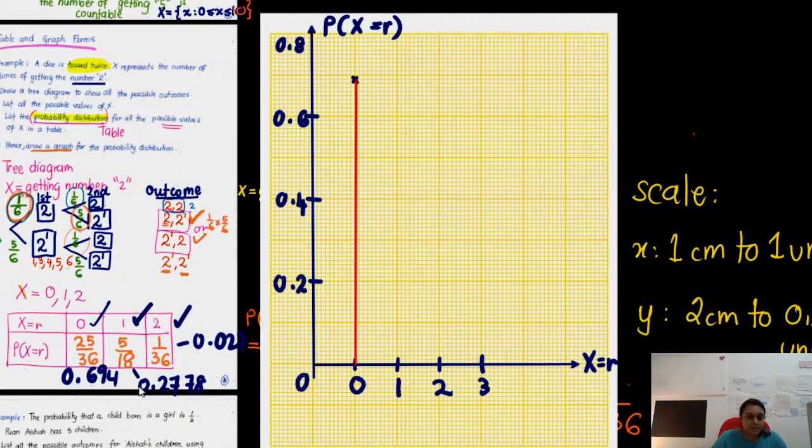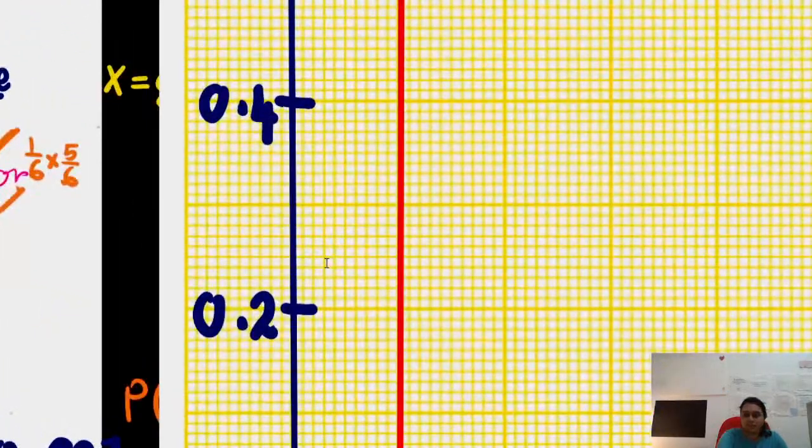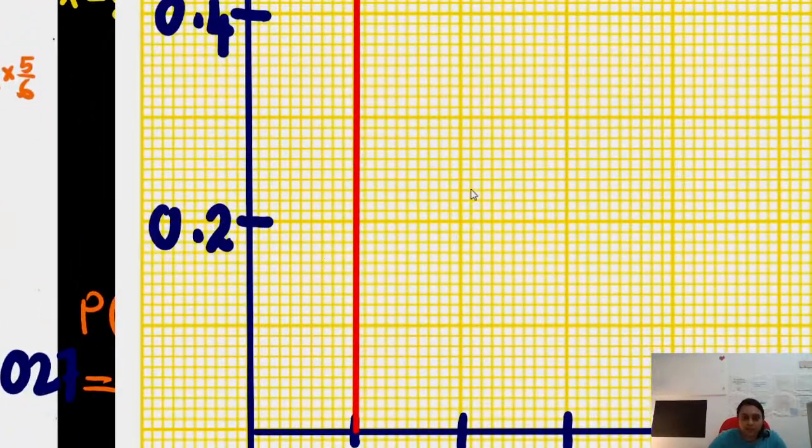Now I'm going to do for 1. 1 is 0.2778. Let me find where is 0.2778. 0.2, 0.3 here. Then 1, 2, 3, 4, 5, 6, 7. So it's somewhere here. Sometimes you can't get exactly, so you put in between.